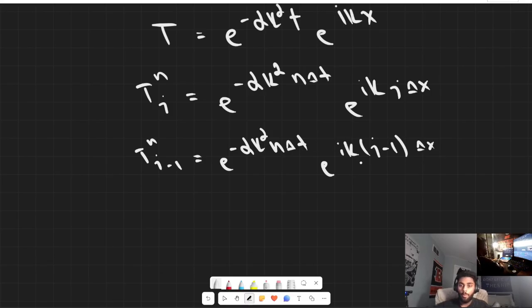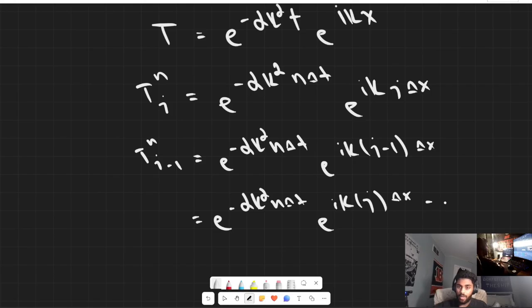And what we know about exponents like this is that we have a subtraction of exponents. So we can actually pull out, so let me write this out, just so it makes a bit more sense. n delta t. So this is equal to e to the i k j delta x minus i k delta x.